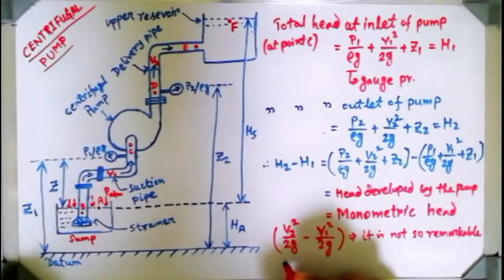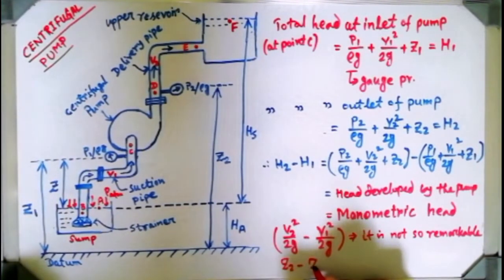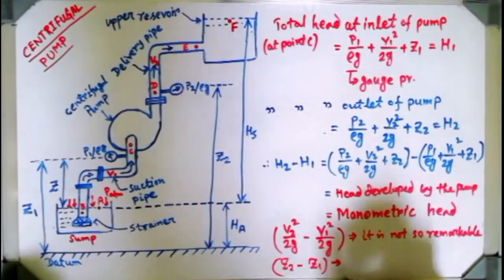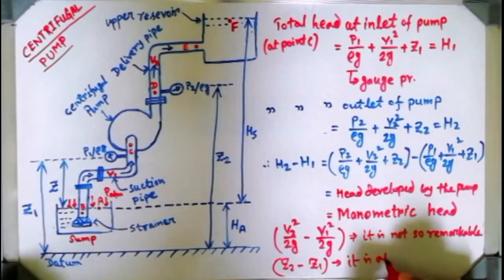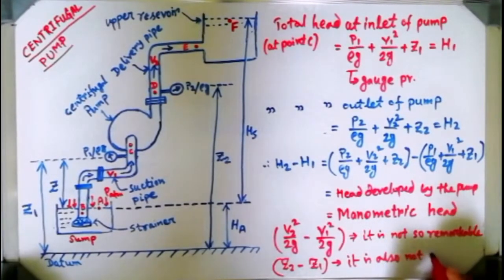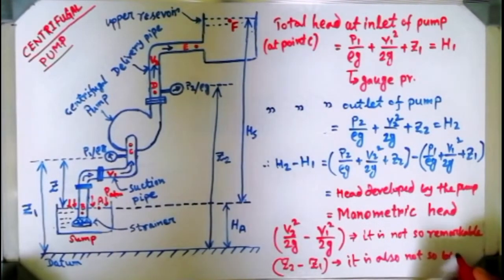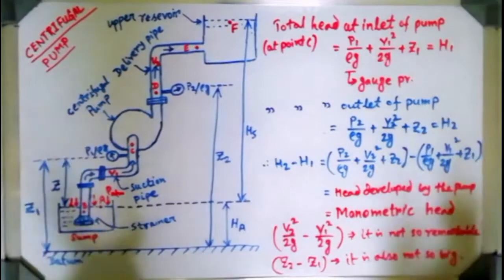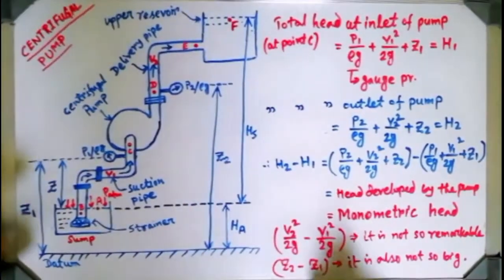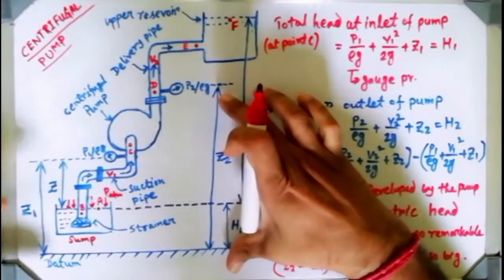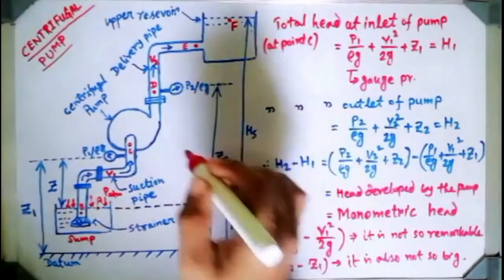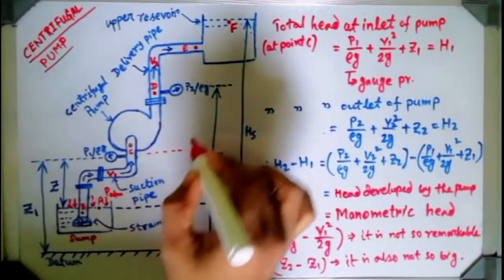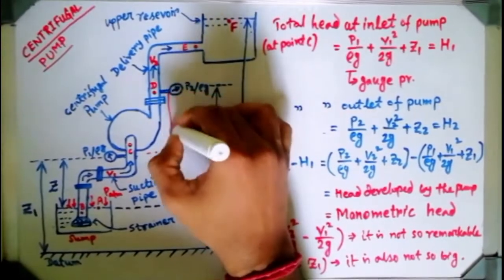Similarly, this elevation difference, that is Z2 minus Z1, is also not so big. If we consider that this elevation Z2 means this one and Z1 is this one, the difference between them is this Z2 minus Z1.